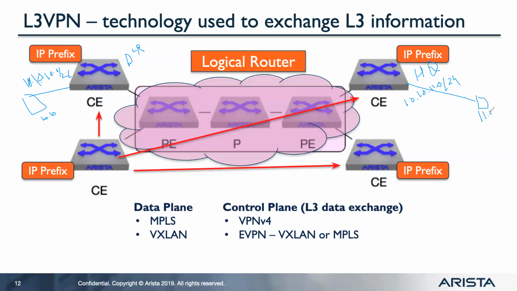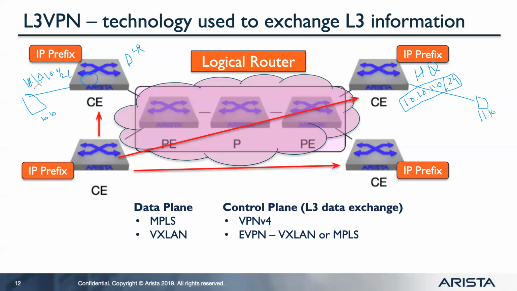So what we want to achieve is that the route for this subnet should reach this CE device, so that it will forward the packet destined to this particular host or subnet.